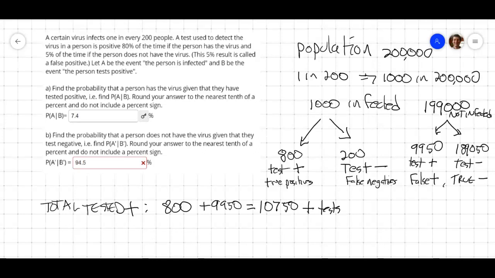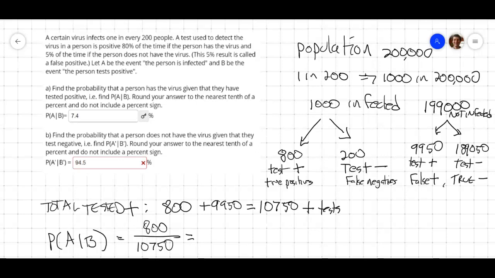Okay, so find the probability that a person has the virus given that they have tested positive. So given that they have tested positive, this is the probability of A given B, this first question. The total number is this 10,750. That's how many people tested positive. What's the probability that they have the virus? Well, only those 800 out of that 10,750 have the virus.